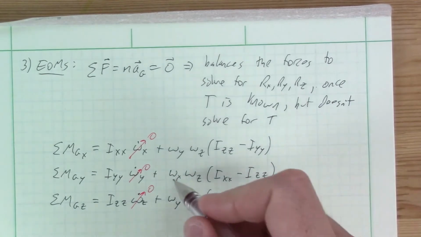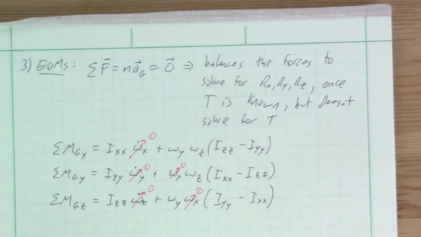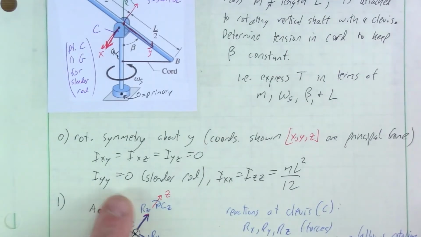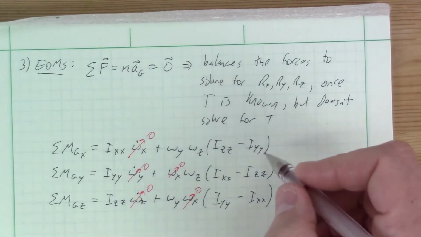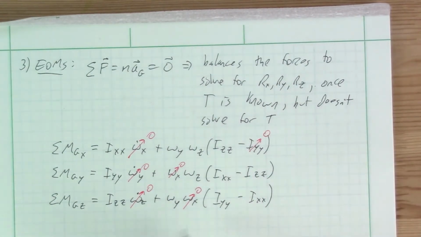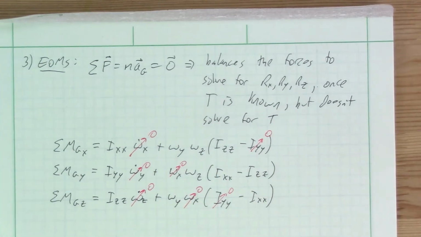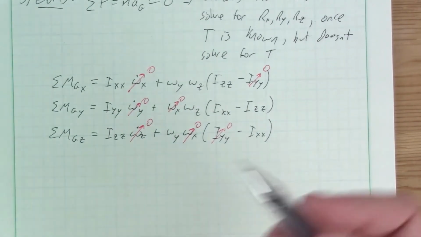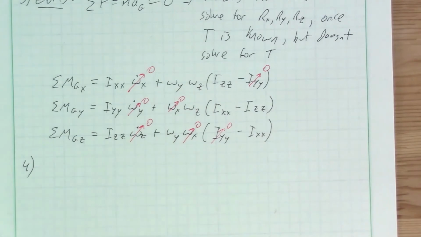What else is 0? Omega x is 0. Okay. We also have, from earlier, because it's a slender rod, that the moment of inertia about the y-axis is 0. So that's this one right here. And, well, this one too, but that whole term is already 0. Okay. So let's then, step 4, the last step here is to solve the system of equations.